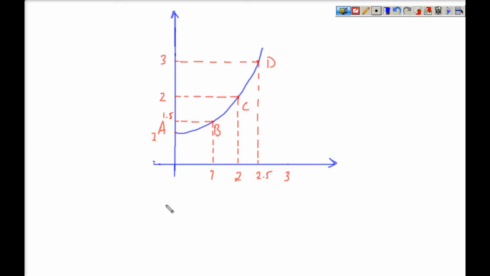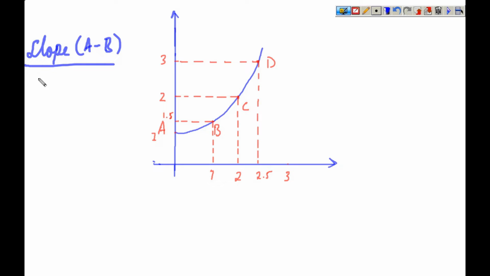So if we apply the slope formula for a linear relationship, let's say we take A and B, and we need to find the slope between A and B. So slope between A to B will be 1.5 minus 1, which is the y, and on the x-axis we have 1 minus 0, that is 1.